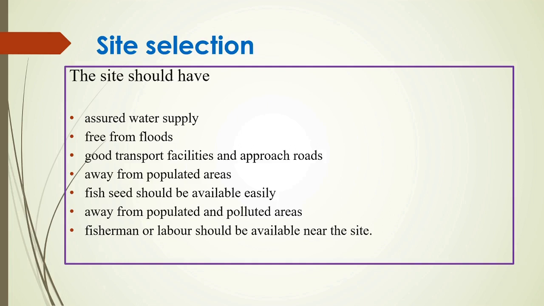They are availability of land in a continuous suitable shaped plot of optimum size with all facilities. The site should have assured water supply of adequate quality, either surface or groundwater.